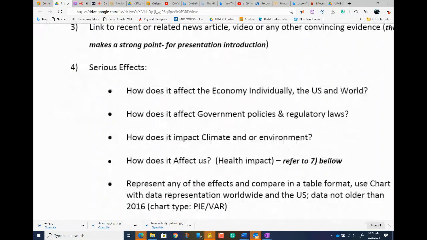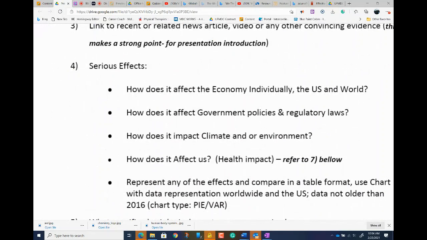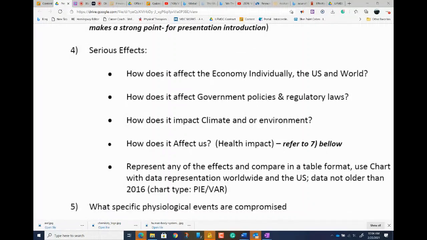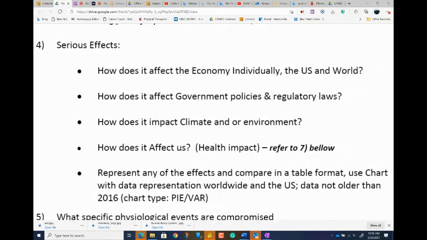From there on, you're going to talk about what? What effects does that cause? How does it affect the economy individually and the US and world? Let's say, for example, you're talking about, I don't know, drugs, a specific type of drug. Well, how does it affect the economy of an individual? You first say, well, the, I don't know, United States of America, you can find this information, such amount of money is spent by people that use this type of drug.